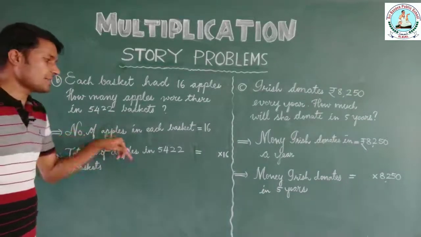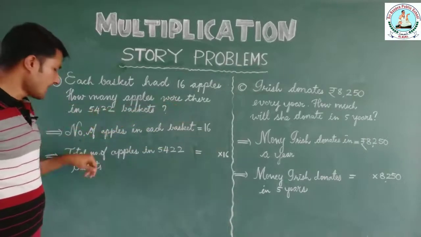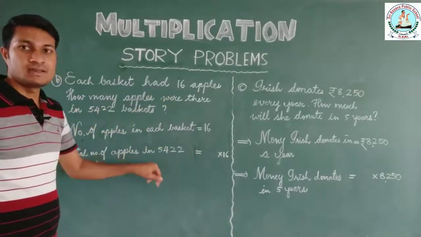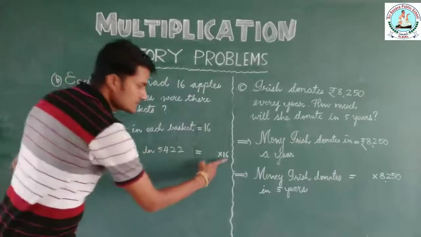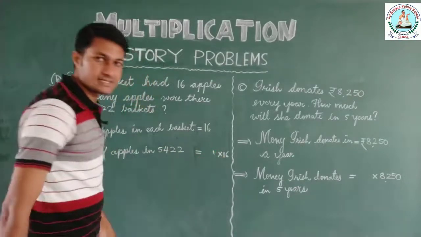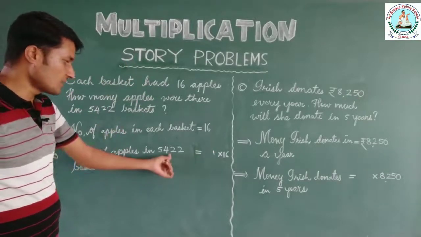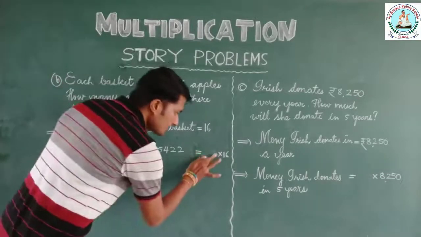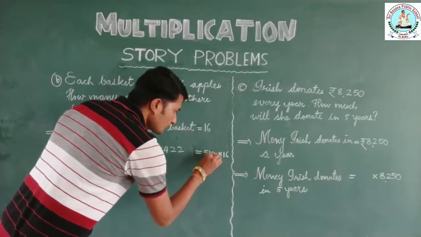Okay, the number of apples in each basket will be 16. We know this from the question, and the total number of apples in 5,422 baskets we need to find out. So this is the number of apples in one basket, but we need to find out how many apples are there in 5,422. So in place of 1, what number do you have to write? It is 5422.